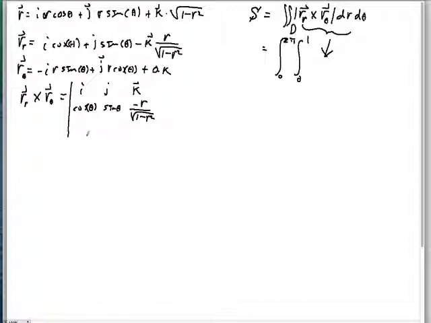The second row is negative r sine theta, r cosine theta, and 0. For i, that's going to be r times the square root of 1 minus r squared... times r squared cosine theta.